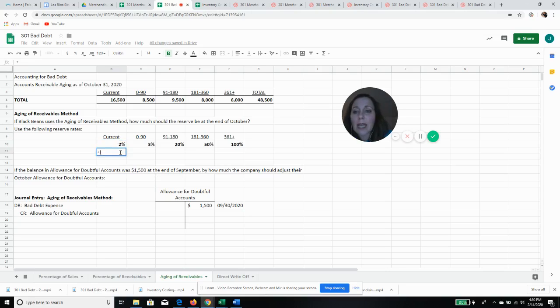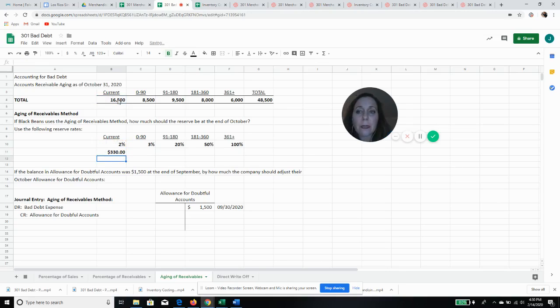So we would take our 2% rate times our current bucket of $16,500, and we would want our reserve to equal $330 for that bucket.